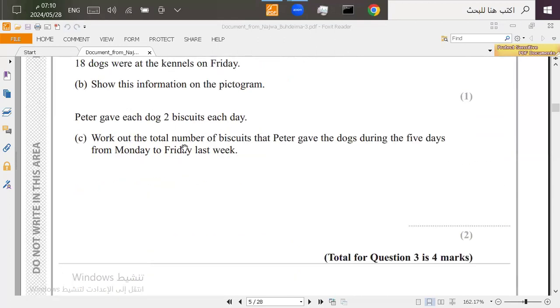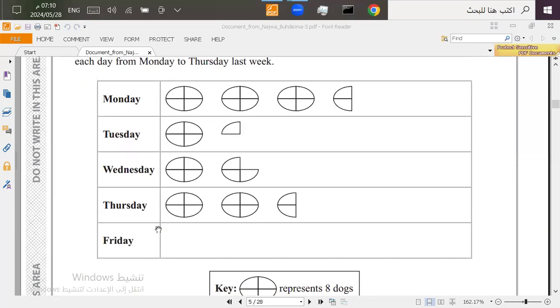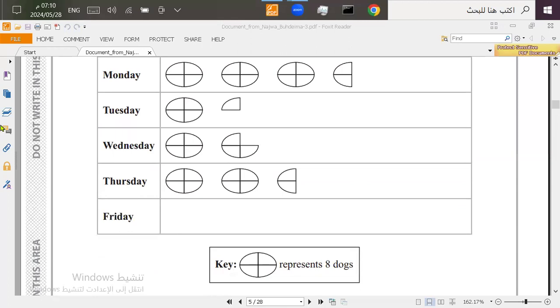Peter gave each dog 2 biscuits each day. Look at the total number of biscuits that Peter gave the dogs during the 5 days from Monday to Friday last week. So first, let's put back the Friday thing.